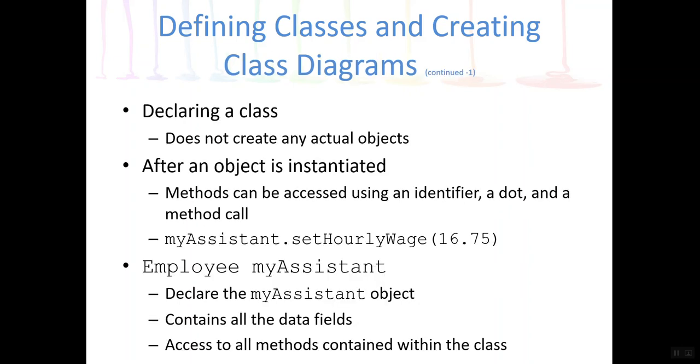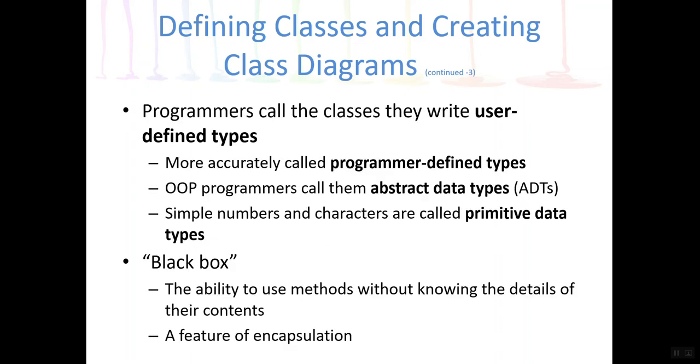When you define that class, it doesn't actually create any objects, but after you create the class, you can create objects from it. That's called instantiating. We'll see that, but first, let's talk a little about the creation of a class. Programmers call the classes they write user-defined types.